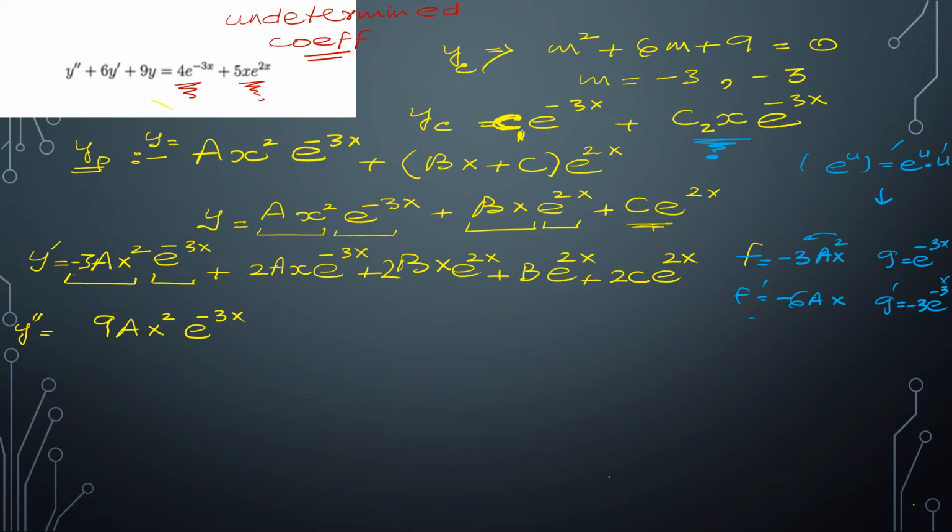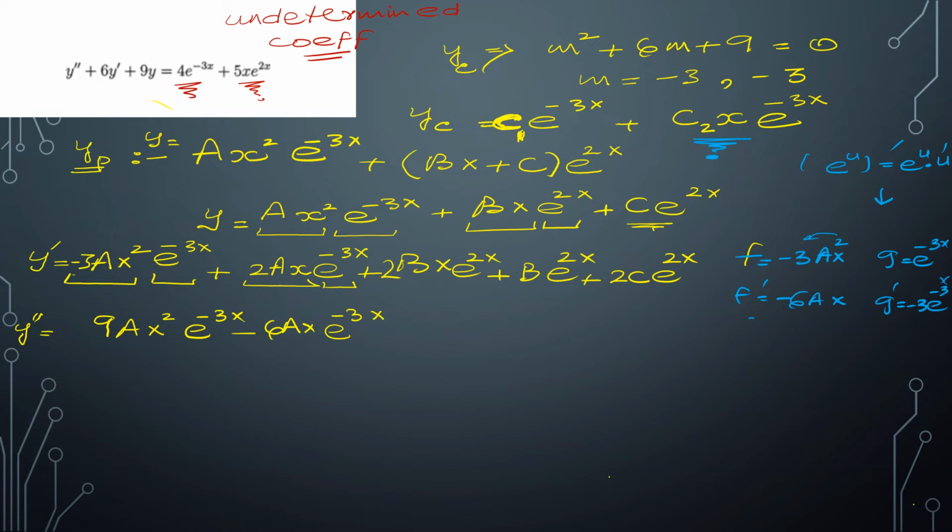Okay, so fg prime I am done. Now I have g f prime. My g is e to the power of minus 3x and f prime is minus 6ax, so I will write here minus 6ax. Okay, now the second thing, that is 2ax e to the power of minus 3x.